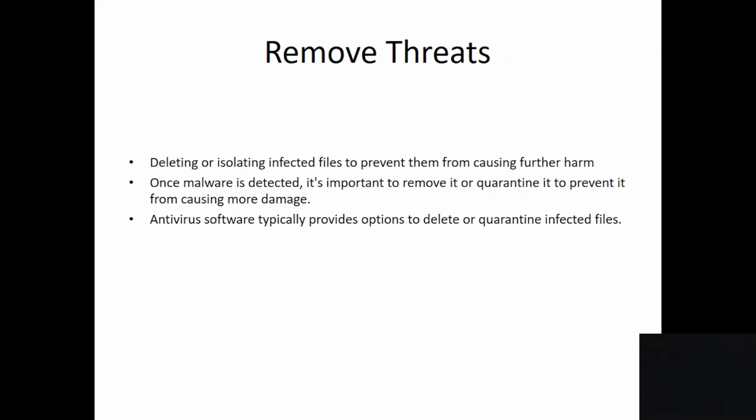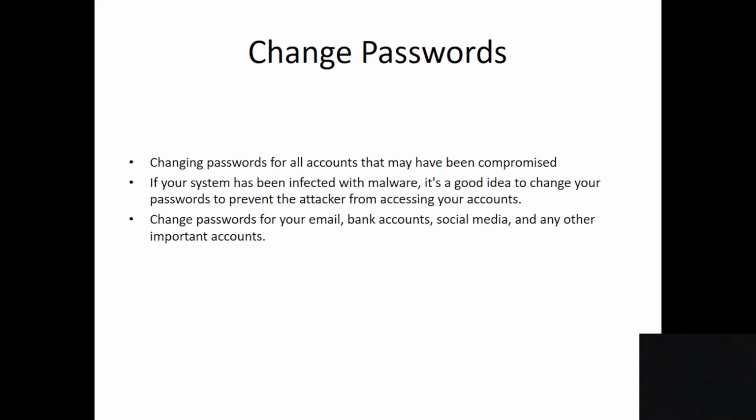Remove threats, deleting or isolating infected files to prevent them from causing further harm. So if you have some threats, you need to delete them. Once malware is detected, it's important to remove or quarantine it to prevent it from causing more damage. Antivirus software typically provides the option to delete or quarantine infected files.